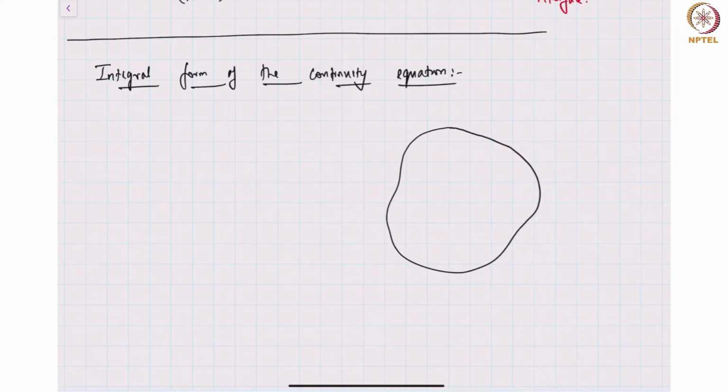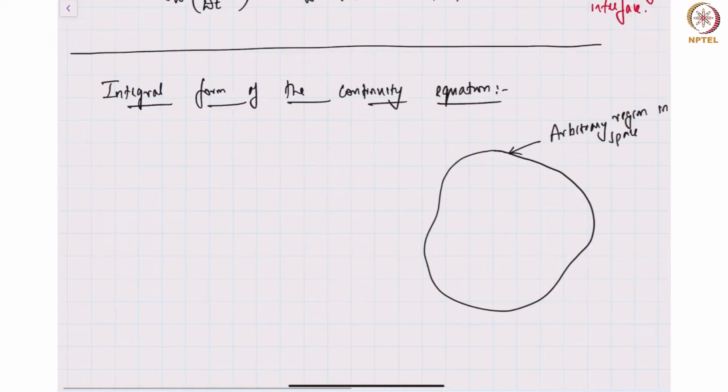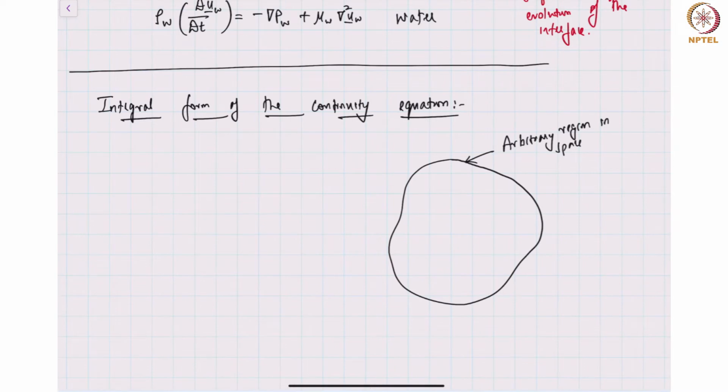Now, the problem of interest to us, let's say, is enclosed. We are interested in a region. It's an arbitrary region in space. And on this arbitrary region, I have a bunch of vectors that are of interest to me. For example, this arbitrary region could be enclosed by a boundary where at every point on the boundary, I have a normal vector.